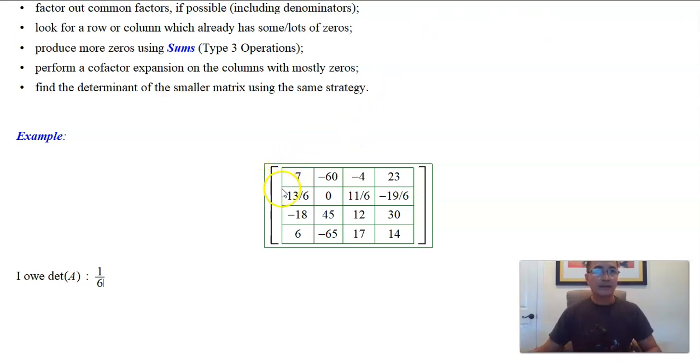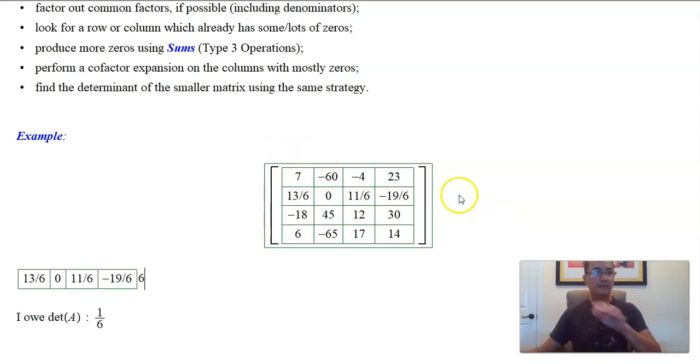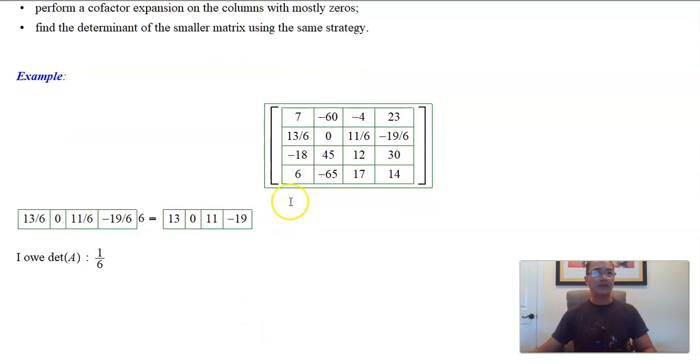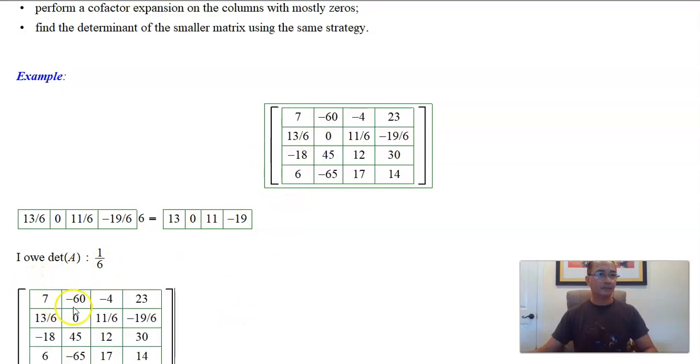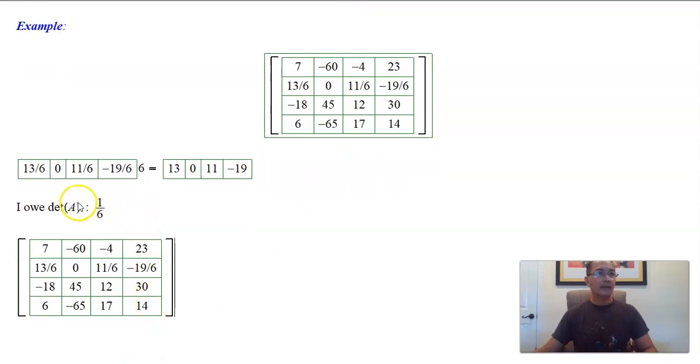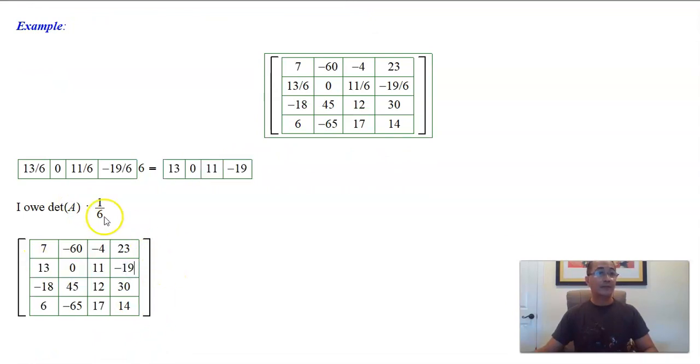And that is take the second row and just clear the 6. Times 6. There you go, no more fractions. Okay, so let's make a copy of this one here, copy this, and overwrite the second.